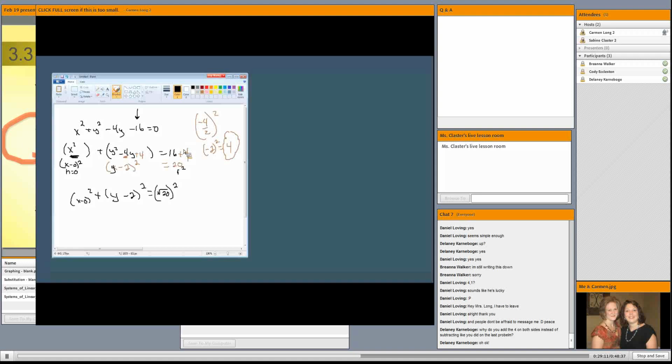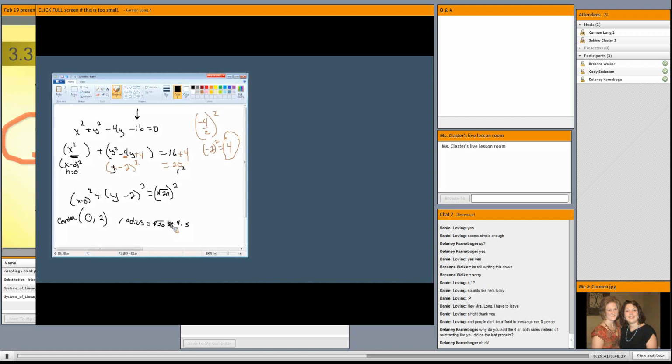And our radius is the square root of 20, which is 4.5. It's about, we'll do a squiggly equals. It's about 4.5. It's a little squiggly equals because I'm rounding.